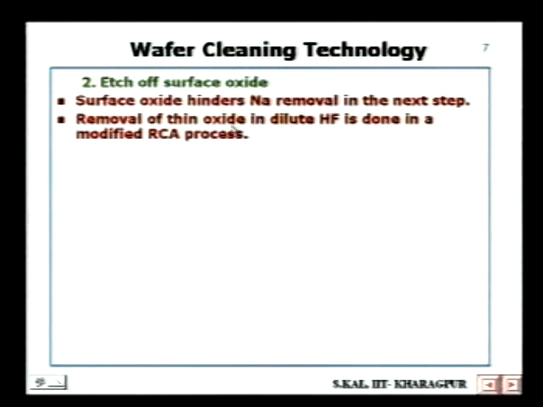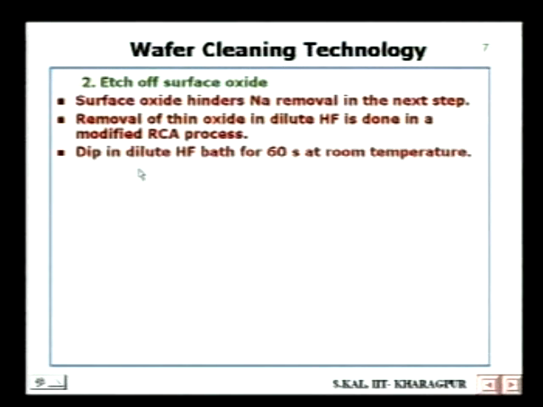Removal of thin oxide in dilute hydrofluoric acid is done in a modified RCA process. So if you include this step, they may call it the modified RCA process. The thin oxide formed in the first reaction, SC1, is removed by dilute hydrofluoric acid, which requires about 60 seconds at room temperature.